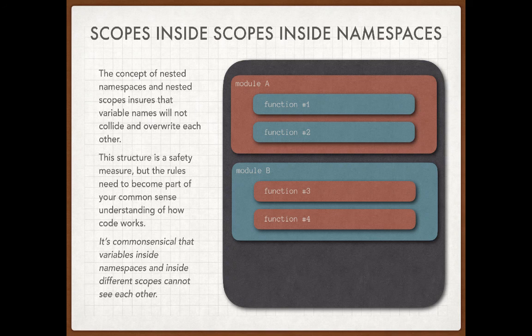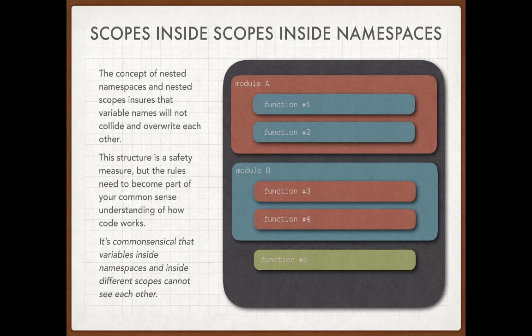And what that means for me as a programmer is that when I create my own function, let's say function 5 down here, I do not need to know anything about the variable names in module A, and I do not need to know anything about the variable names in module B, because namespaces and scopes keep everything clean.